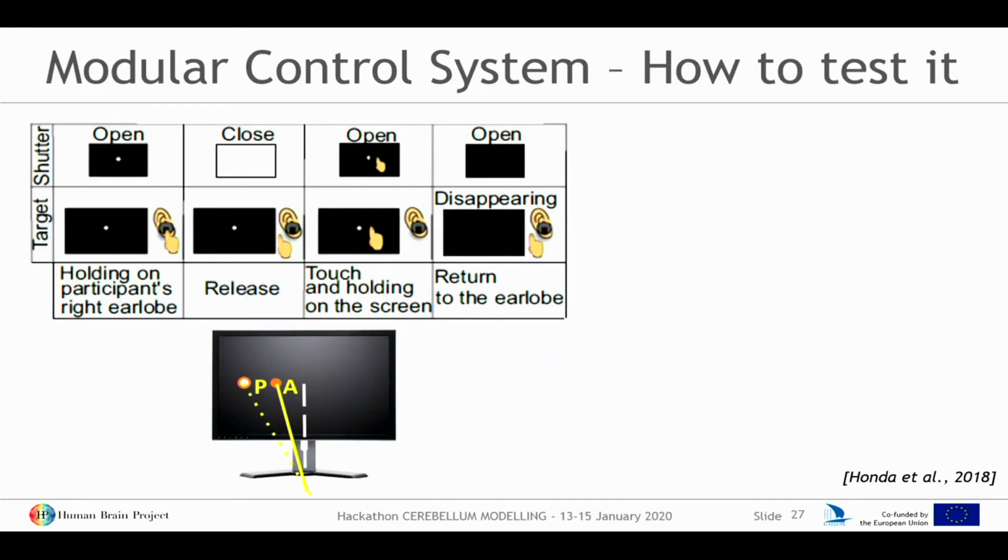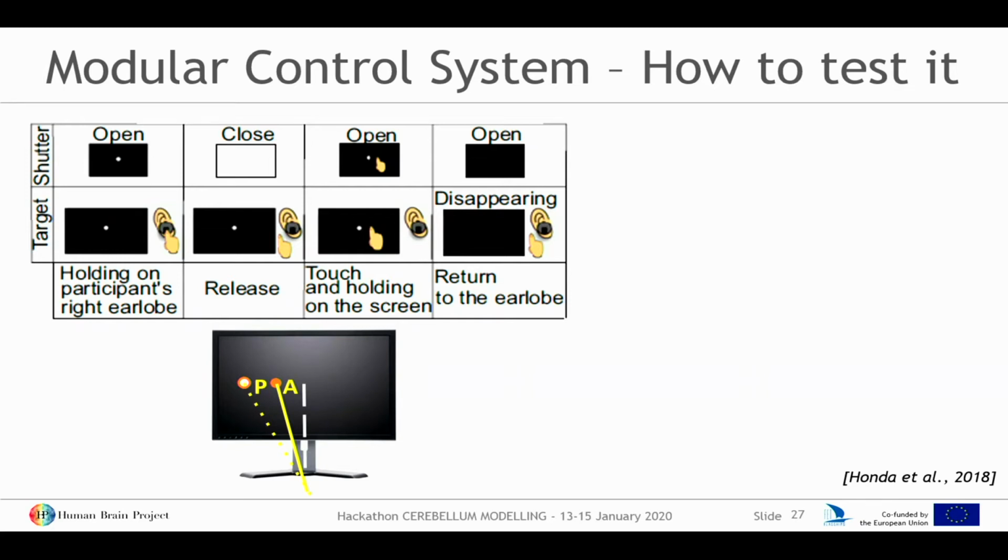And we have been inspired by an experiment on human subjects done by the group of Honda in Japan. So they used this experimental setup where a subject needed to touch a point on the screen, but while wearing prismatic glasses. So what he was seeing on the screen wasn't really where he thought he was going.